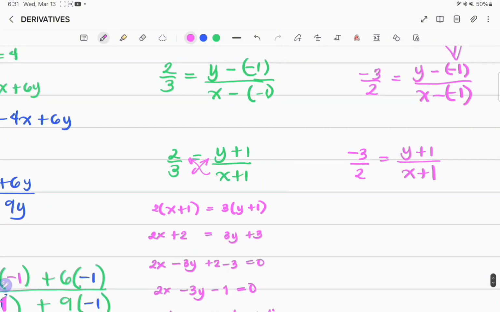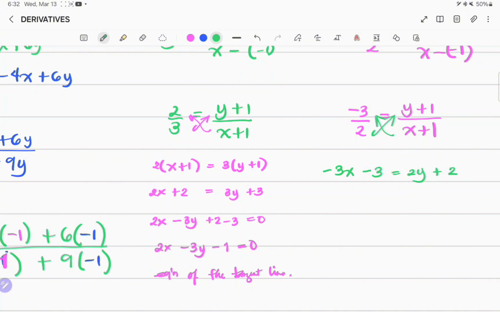Then we're going to use the cross multiplication or commutative property of equality by multiplication. So it will give us negative 3x minus 3 equal to 2y plus 2. So I have already distributed 2 and negative 3 inside that binomial.